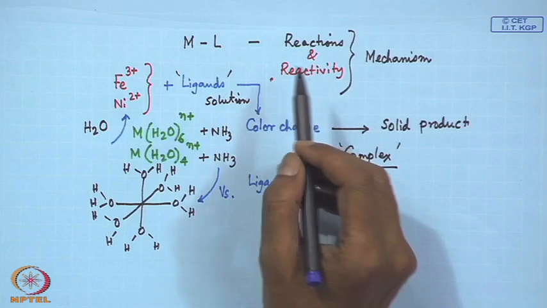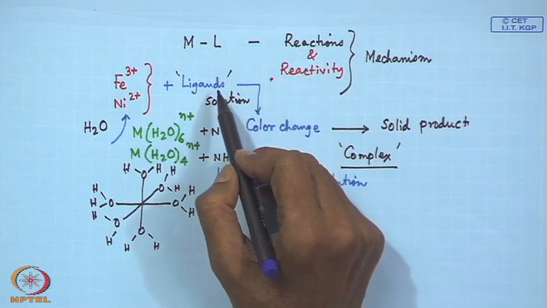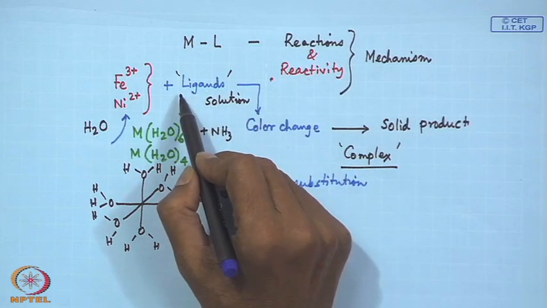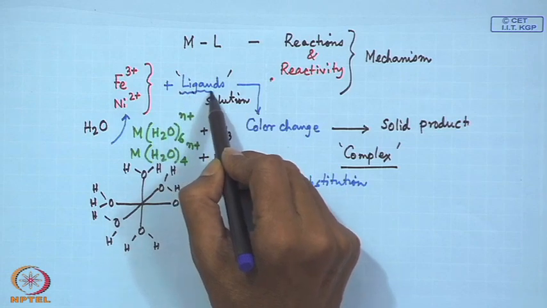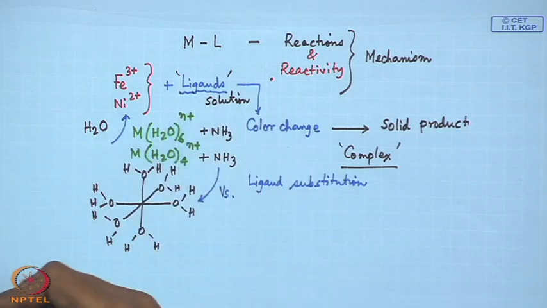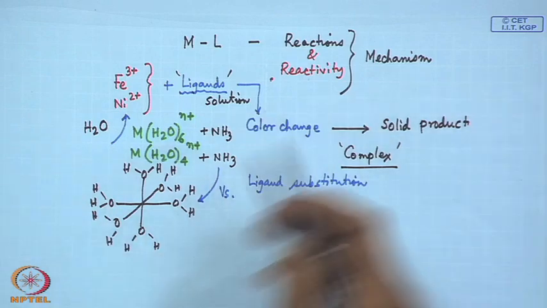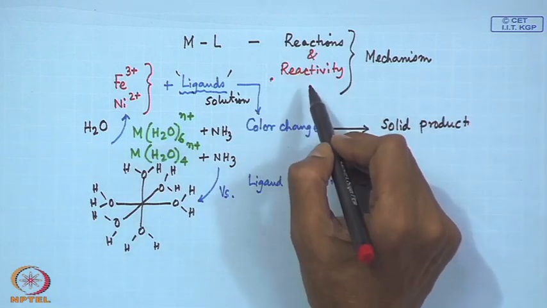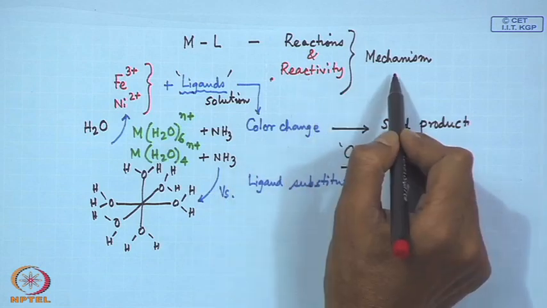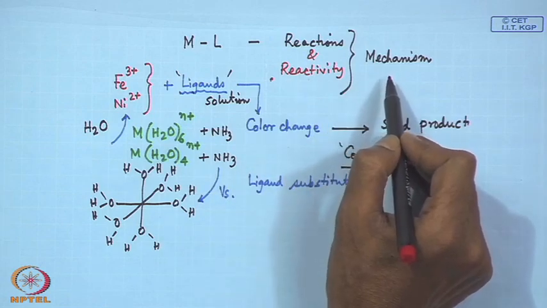Before starting that aspect, the mechanism of this reaction, we will finish a little bit remaining on the nature of these ligands. The nature of the ligands is very important to control this reactivity pattern, and ultimately the mechanism of all these reactions.